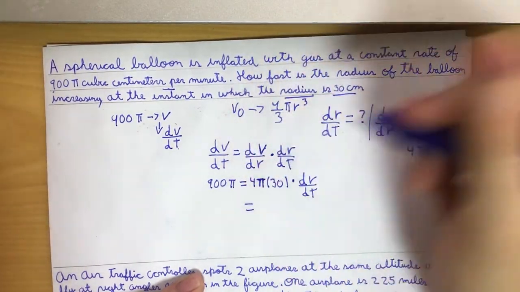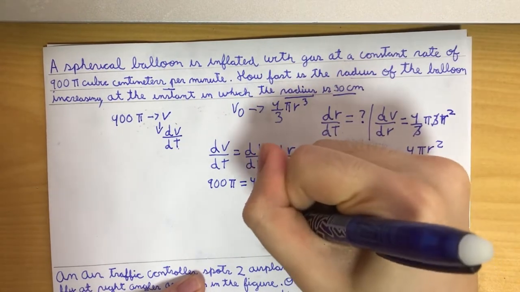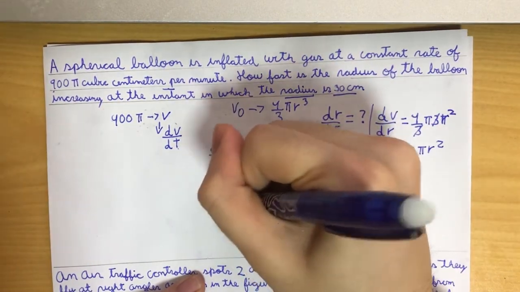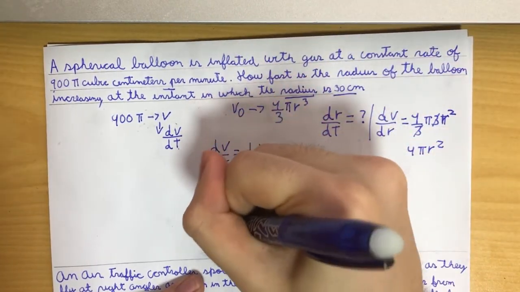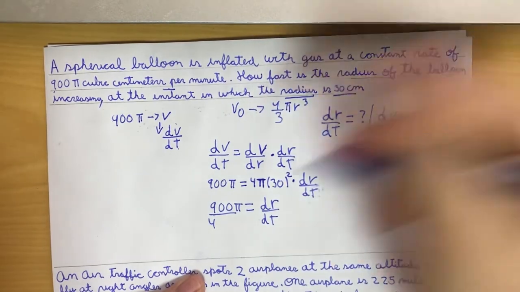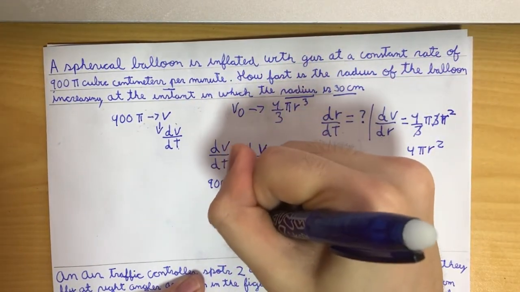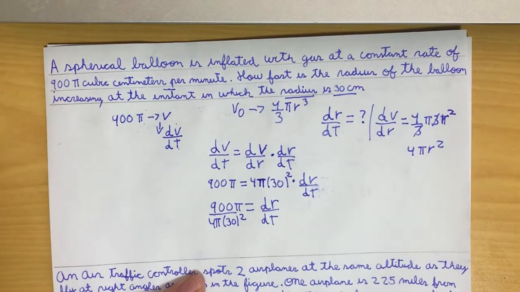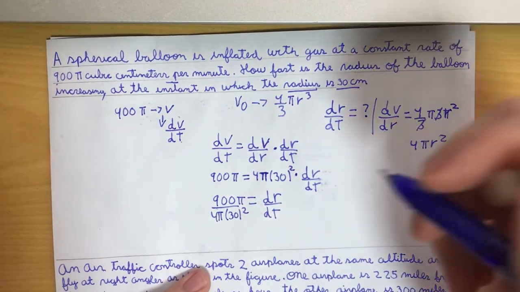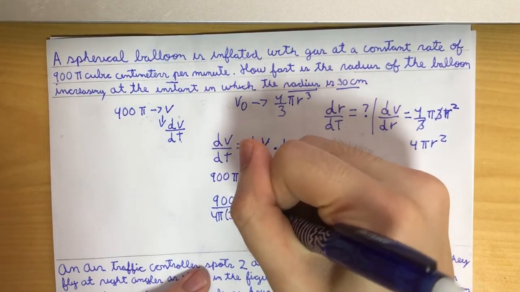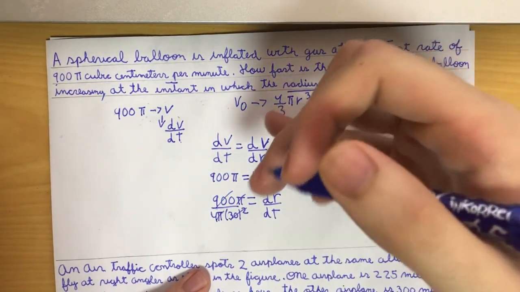Then the basic algebra: dr over dt equals 900 pi over 4 pi times 30 squared. And then 30 squared is 900, so both of these simplify. The pi also simplifies, since it's in the numerator and denominator.